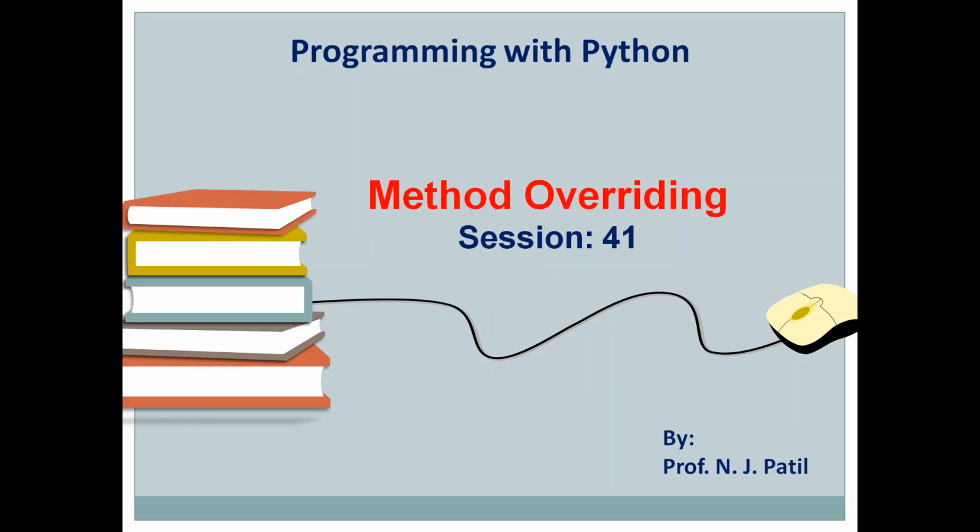Redefining the methods which are defined in the parent class again in the child class is called method overriding. In today's session we will study method overriding with an example program. So let's start.